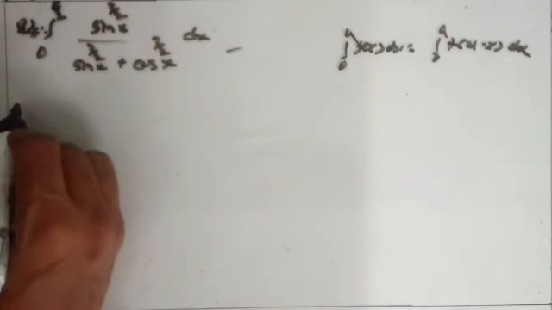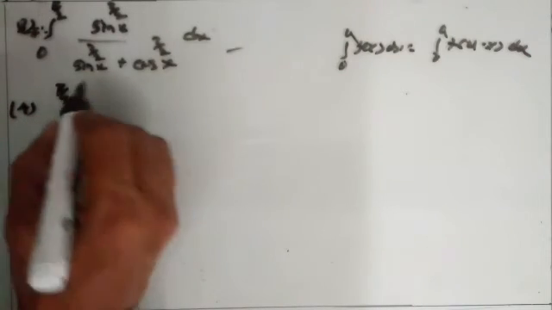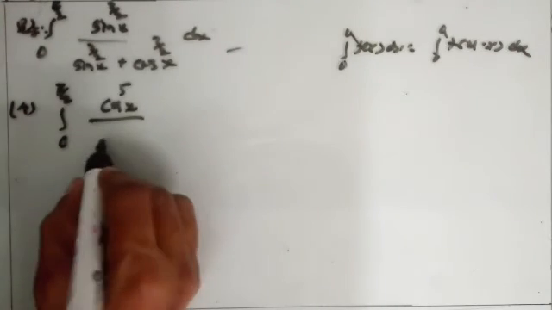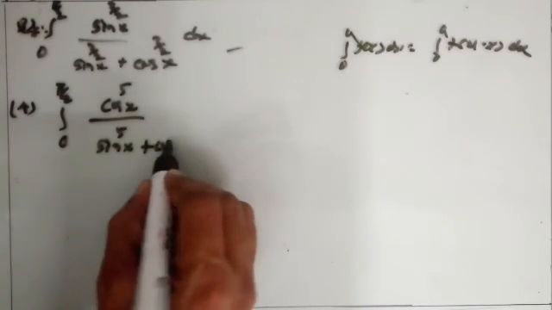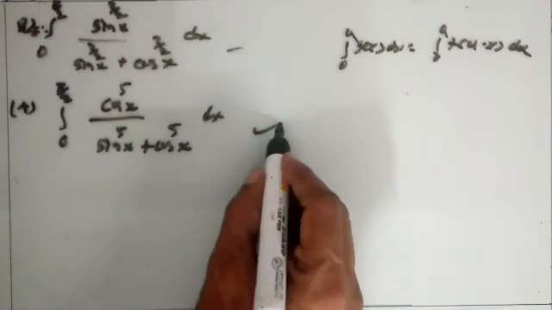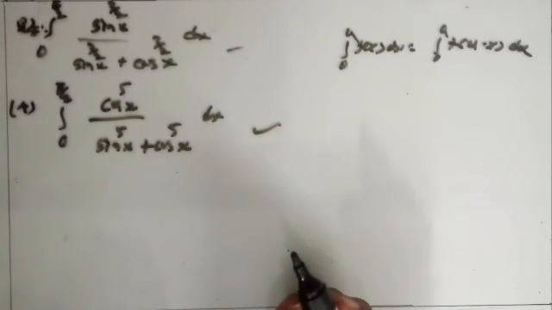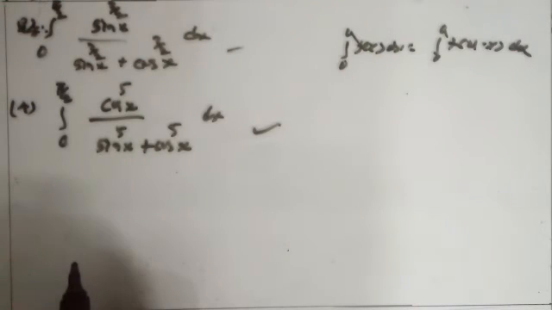Now the same question, question number 4: 0 to pi by 2 of cos x raised to 5 upon sin x raised to 5 plus cos x raised to 5 dx. Applying the same method, we get the answer pi by 4. Solve yourself.